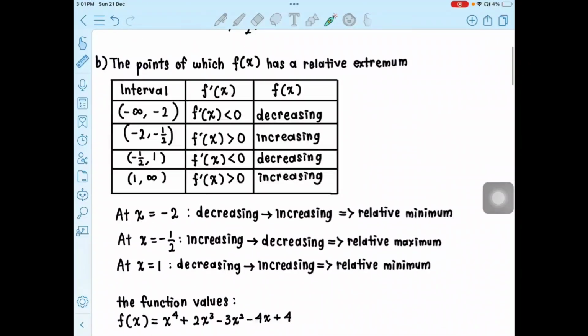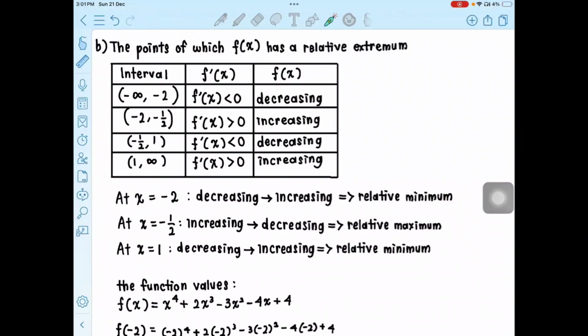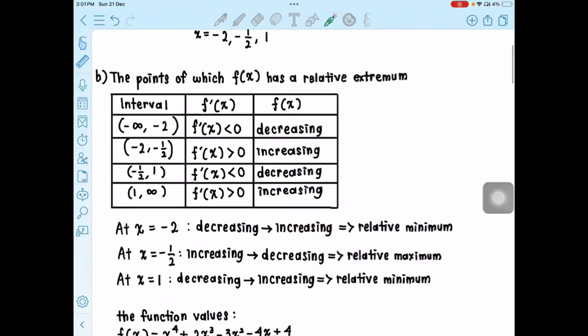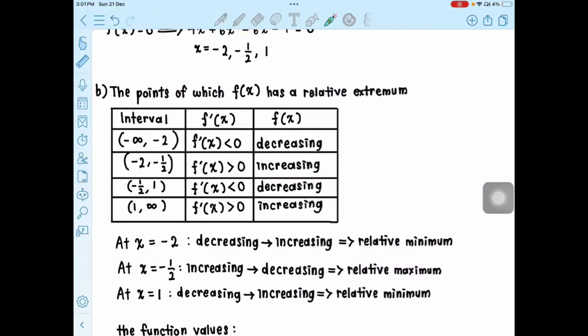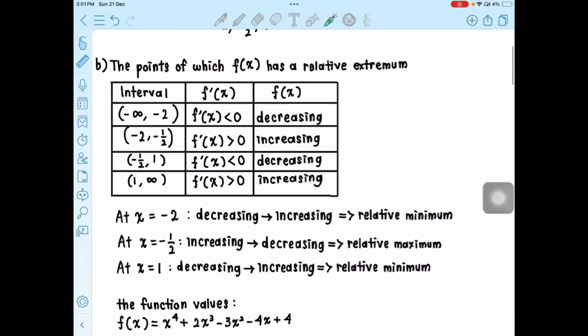Next, we need to find the points at which f(x) has a relative extremum. The first thing that we have to do is to do the interval table, where the intervals refer to the critical numbers that we got before. For the first row, for values less than -2, the derivative is negative, so the function is decreasing.